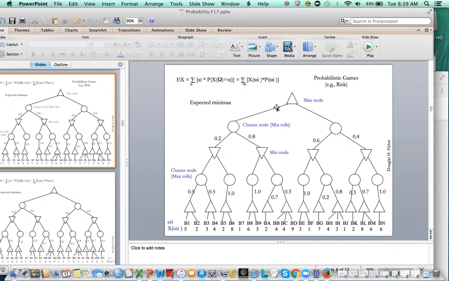Each of the arcs from the max node to a chance node corresponds to an action that the max node player is evaluating and deciding whether they want to take or not. The chance node here says min rolls. So if max moves down that left-hand branch, the min player is going to roll. If max were to decide to move down the right branch, the min player, his or her opponent, would roll next.